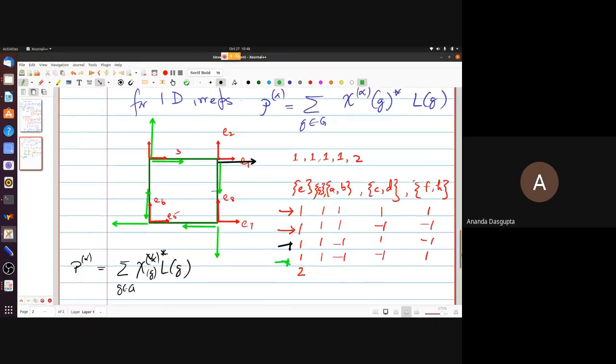So if you tried that, it was 2, minus 2 and all zeros, right? This is trivial, because orthogonality will immediately tell you that. So just try it with the characters. The result will be simple.